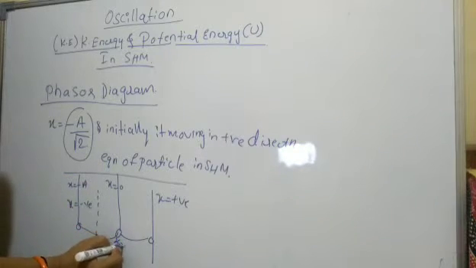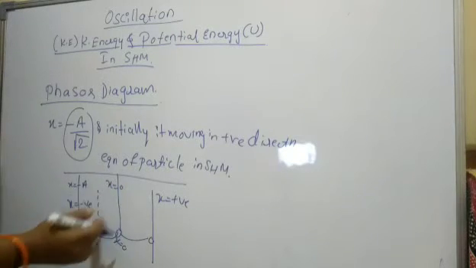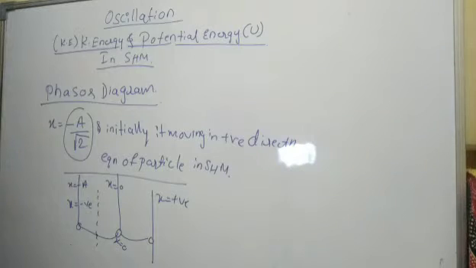This is x equal to minus a, and this is x equal to 0. This we know at t equal to 0. Now the particle is at the negative extreme side, before minus a, here x is equal to minus a by root 2, right?